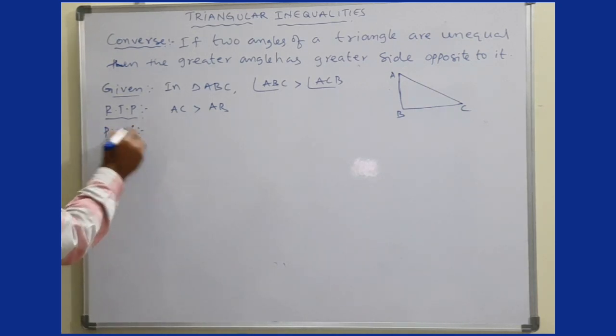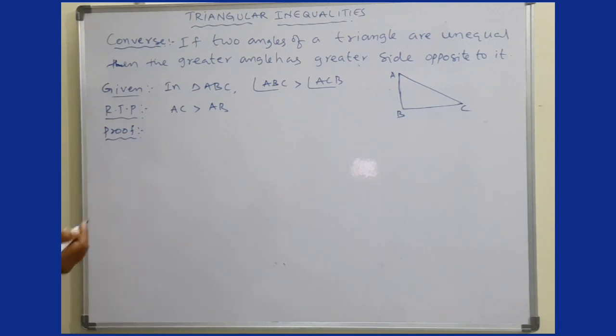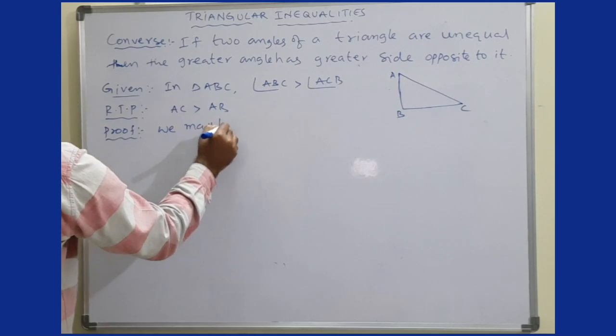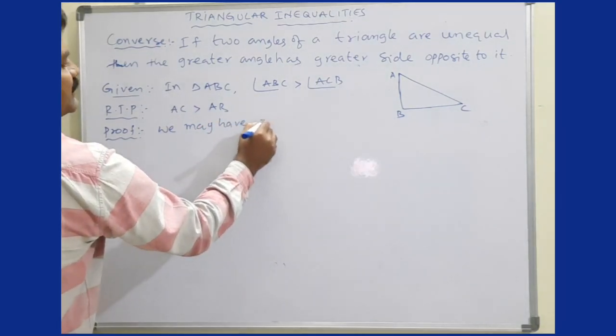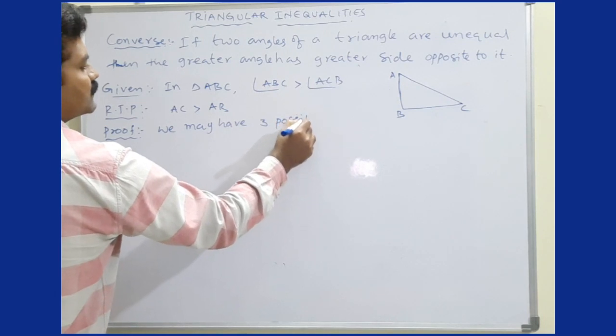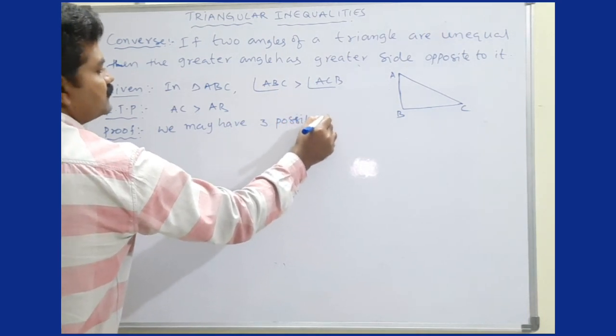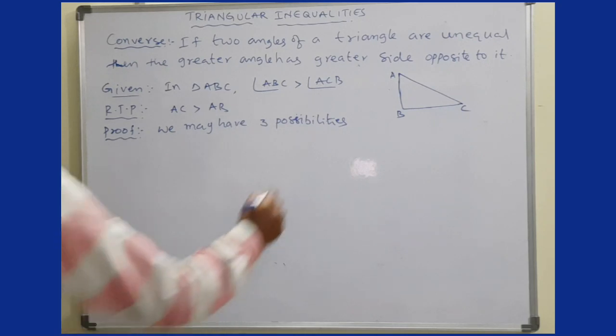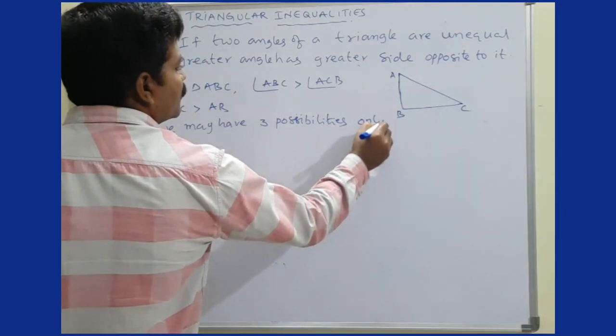Coming to the proof, here we may have three possibilities only. What are they?